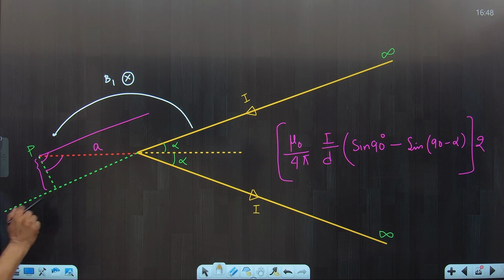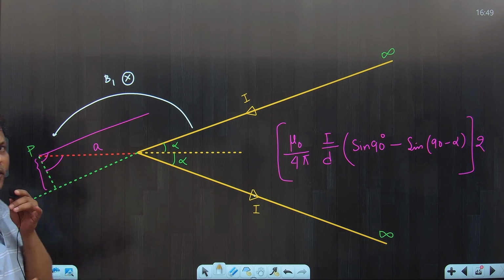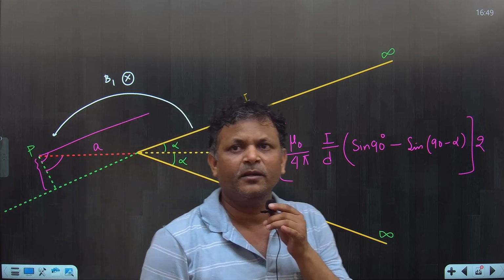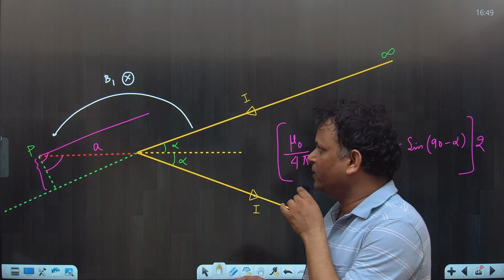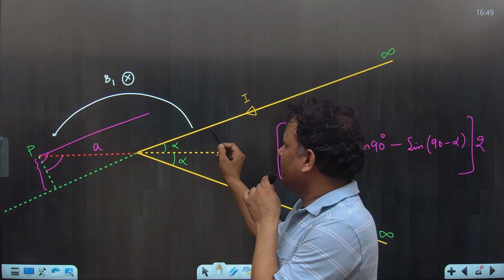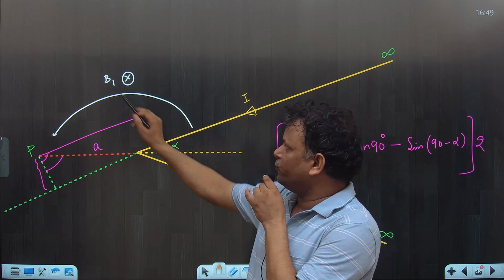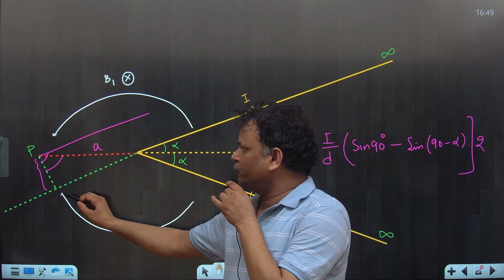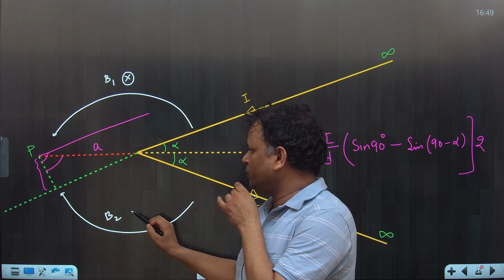So the magnetic field due to this part of the conductor is again into the paper. So both magnetic fields will add up, so the magnetic field is just 2B1. If the magnetic field is B1 due to this wire and B2 due to this wire, both are into the paper.